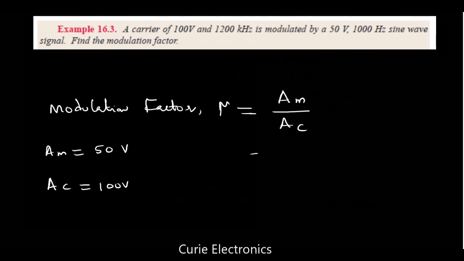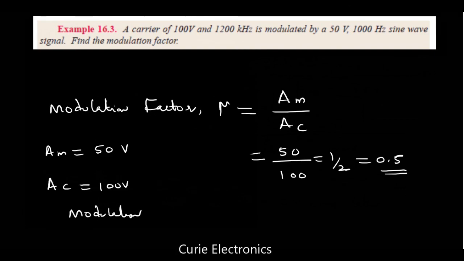Now just put the values: AM upon AC is 50 upon 100, which gives 1 upon 2, that means 0.5. Now if you want to write it as modulation percentage, you simply multiply the modulation factor by 100. In this question it comes to 50%.